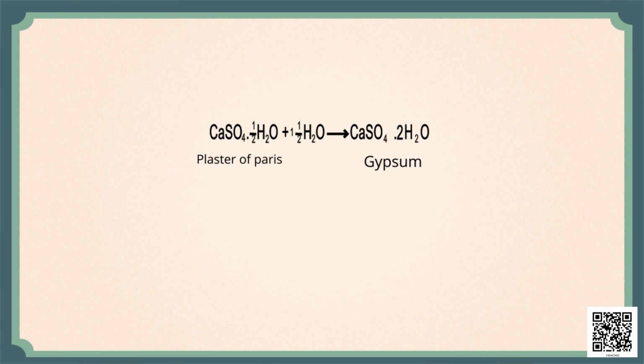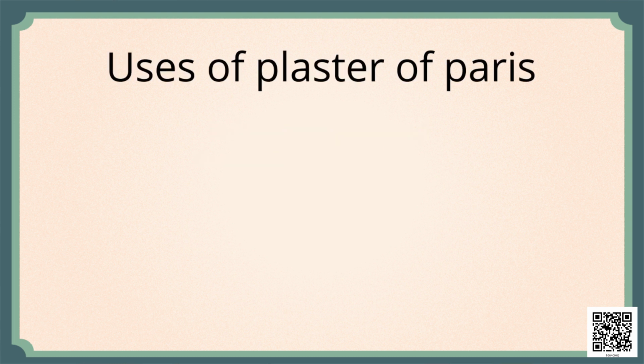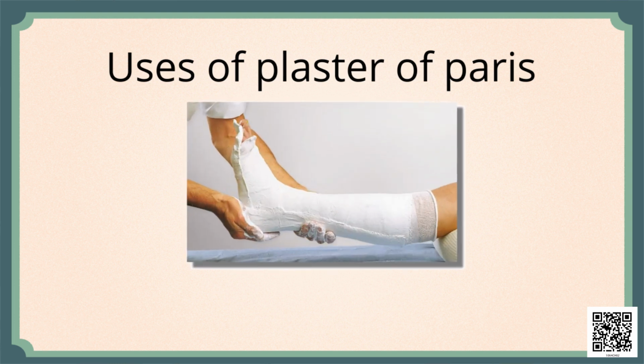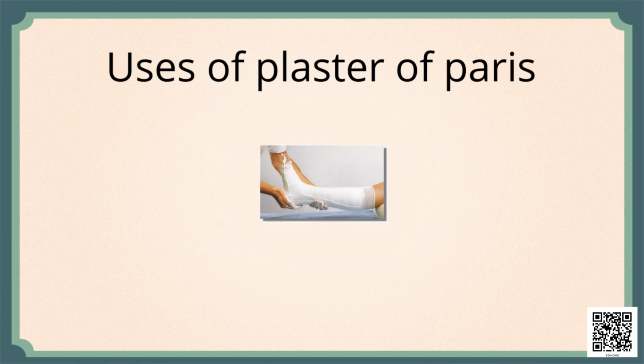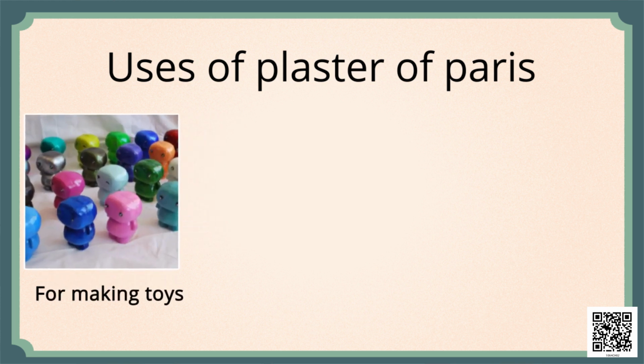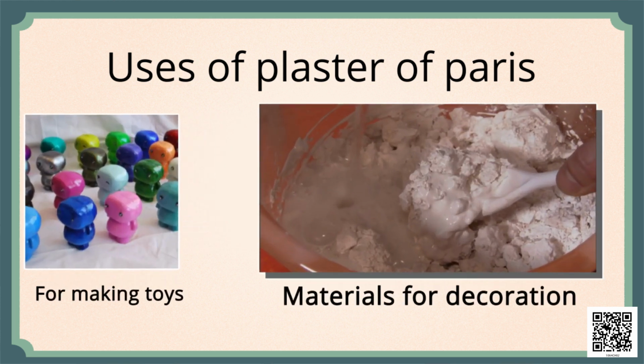Now, let us discuss the uses of plaster of Paris. Doctors use plaster of Paris for supporting fractured bones in the right position. It is also used for making toys, materials for decoration, and for making surfaces smooth.